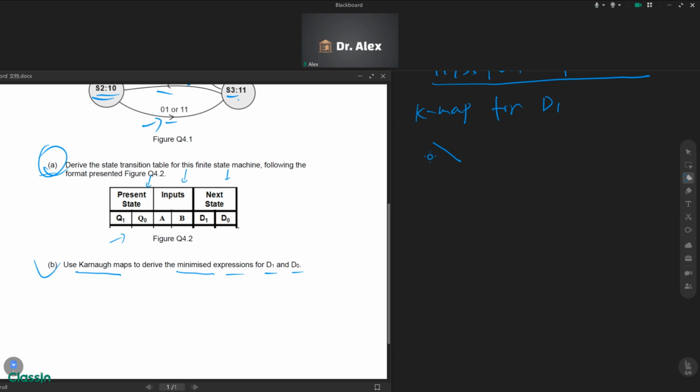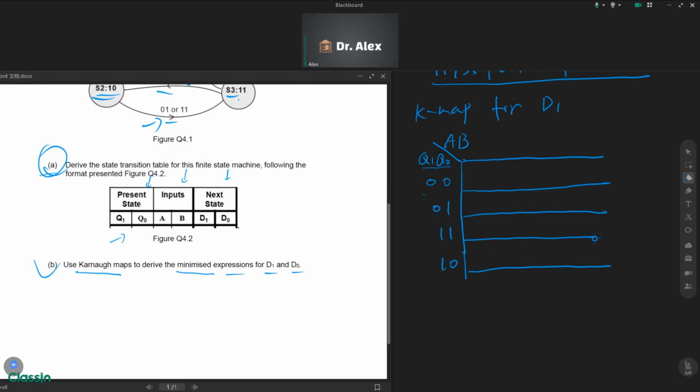It is Q1 and Q0, and this is the input signal A and B. As we illustrated in the previous questions, for Q1 and Q0, it's 0 0, 0 1, 1 1, and 1 0.